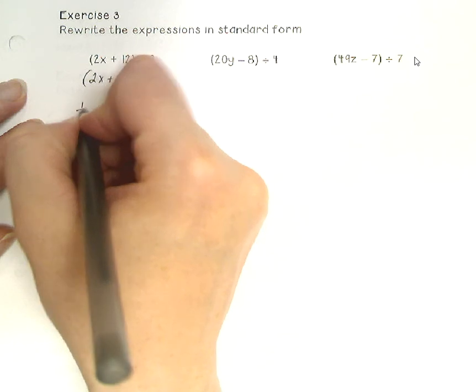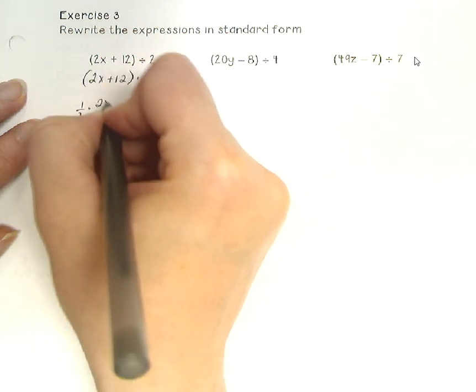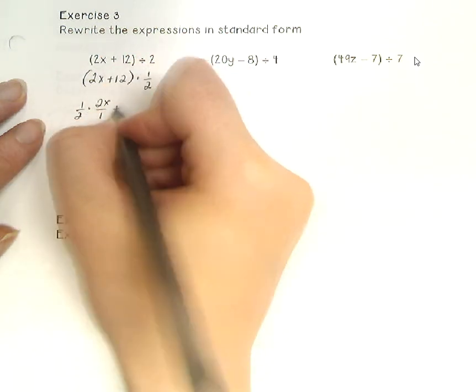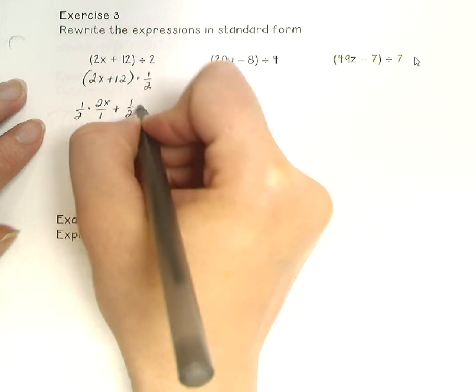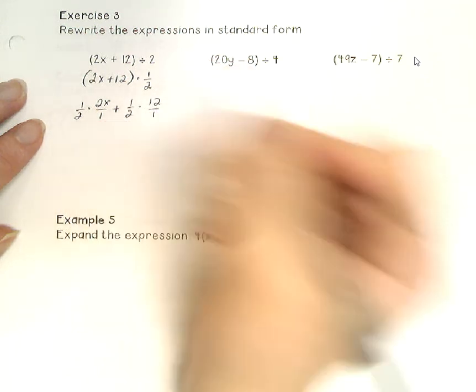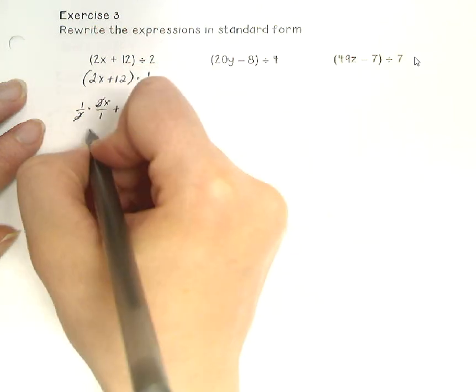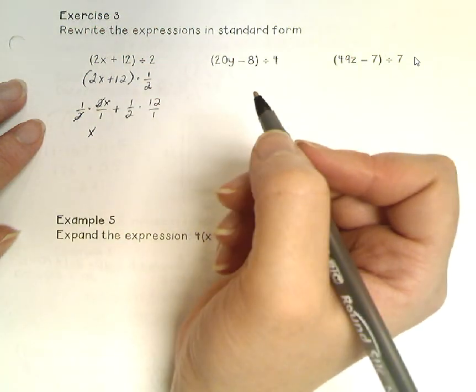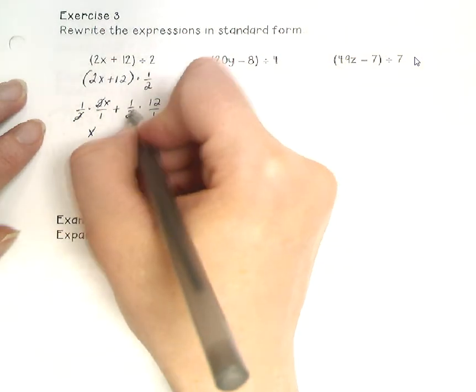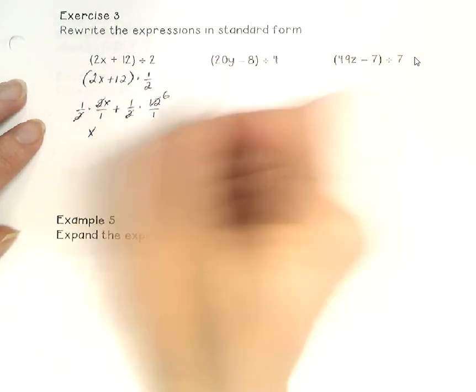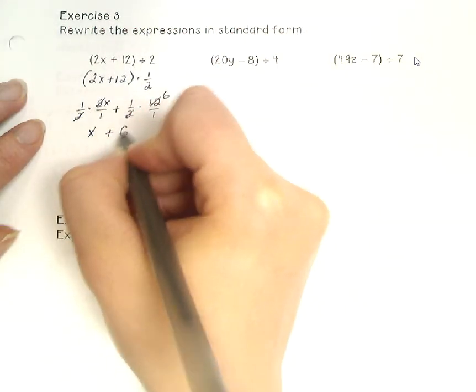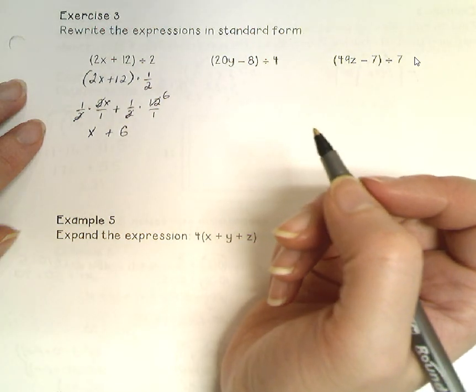So I'll have 1/2 times 2x and add 1/2 times 12. I can simplify 2 and 2, and I will get x left in the first term, and I can simplify 2 and 12 and get 6 in the second term. I have x plus 6.